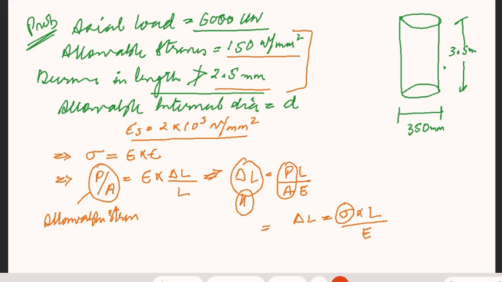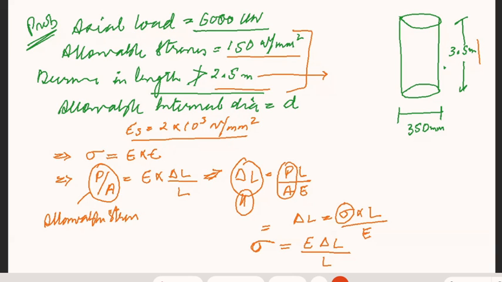Before we go further, we will see, on the basis of the criteria that the decrease in length should not be greater than 2.5, and as per the length of the beam, what stresses are induced. Those stresses will be E times delta L divided by L.